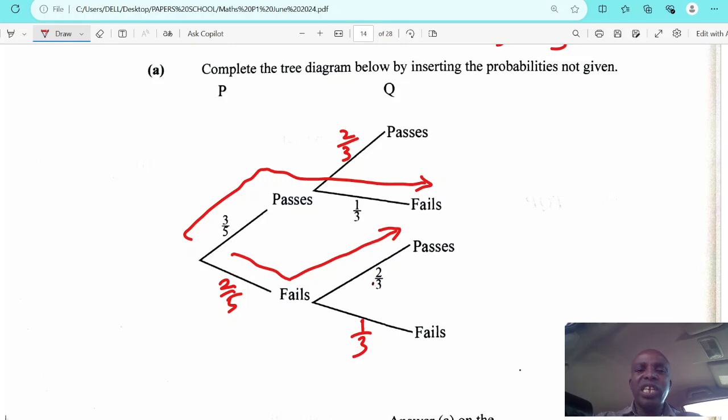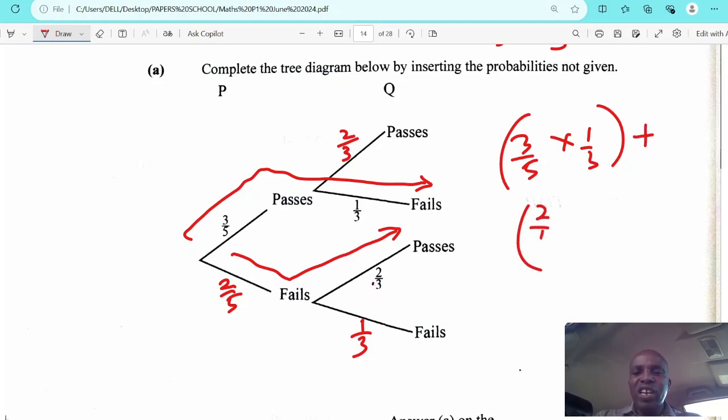These are the branches. So the first one is 3/5 times 1/3, which means you say plus. Then you say 2/5 times 1/3. Right, just multiply the numerators. 3 times 1 is 3, 5 times 3 is 15. Plus this one, 2 times 1 is 2, 5 times 3 is 15.